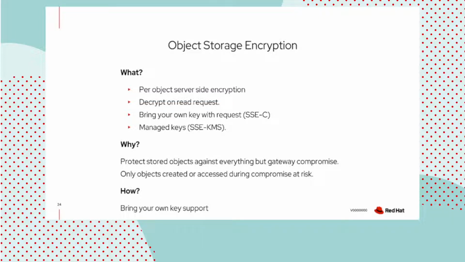So we also support customers to use bring your own key, and also use managed keys that I will elaborate on later on. We want to make sure that we protect the object from any compromise from the gateway, not just by credentials, but also if someone gets their hands on the underlying infrastructure, we want to make sure that the data is not compromised.